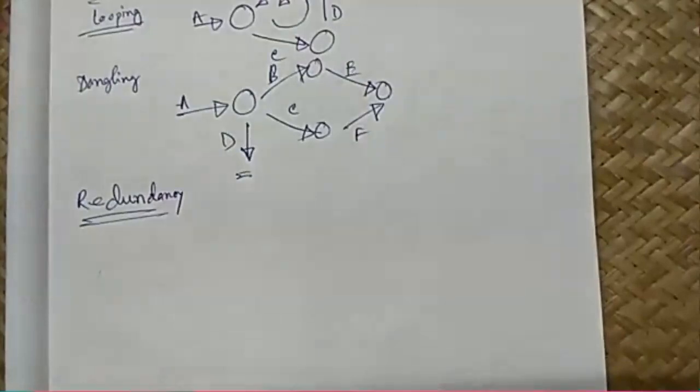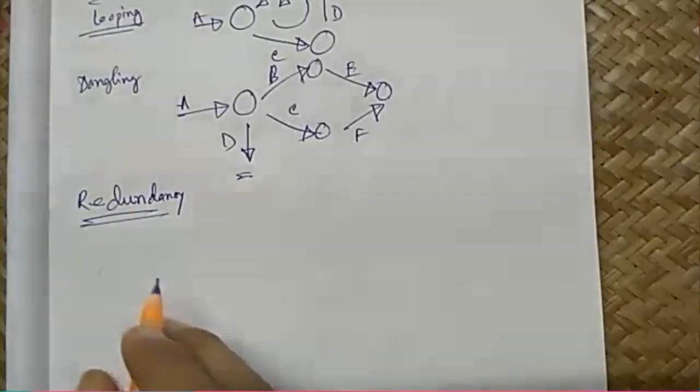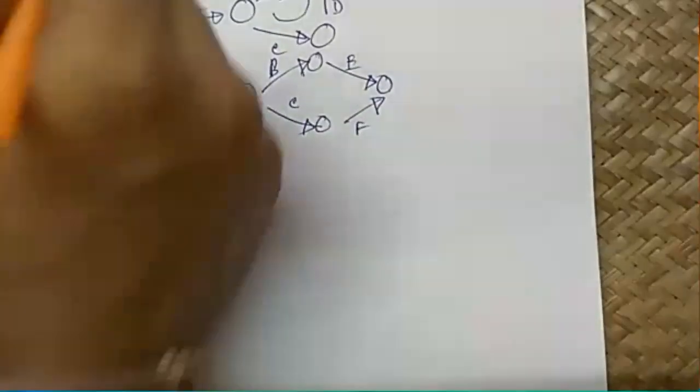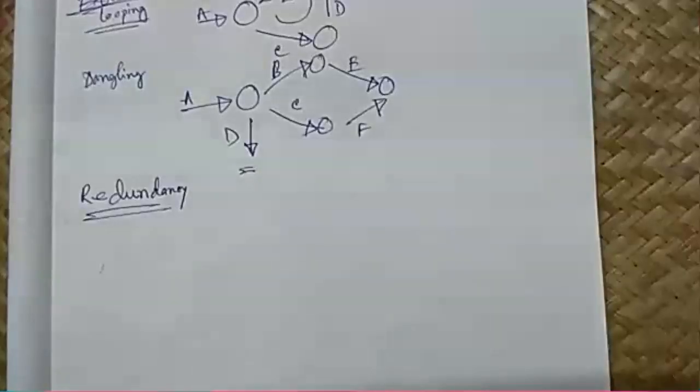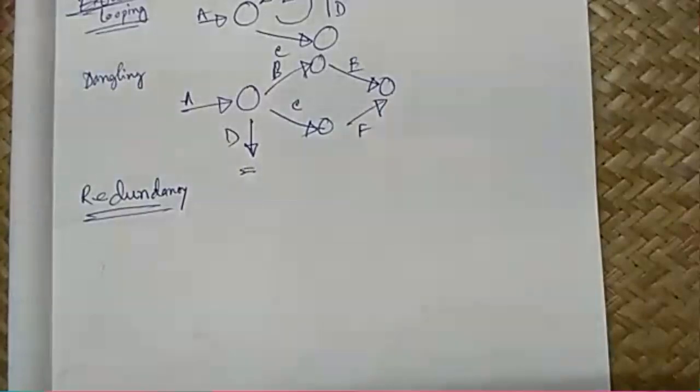Okay. Now we go for redundancy. These are all errors: looping, cycling, dangling, redundancy.